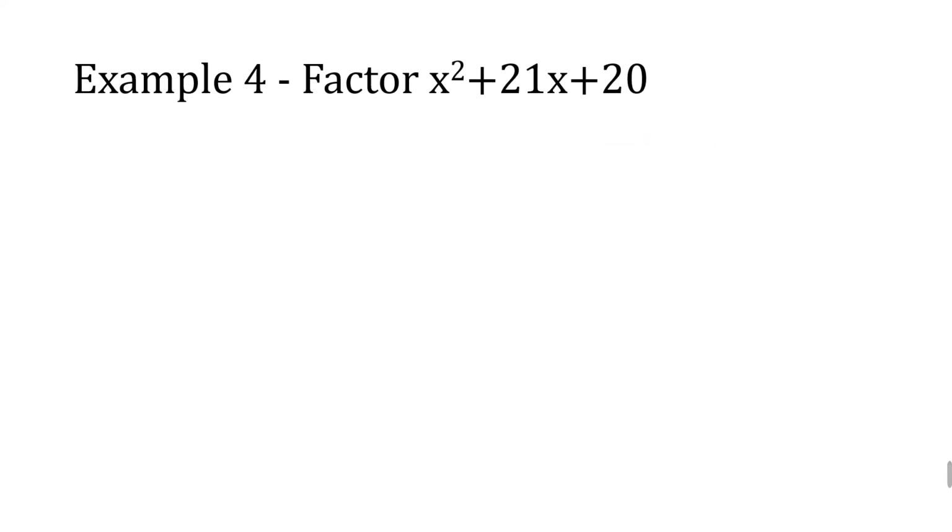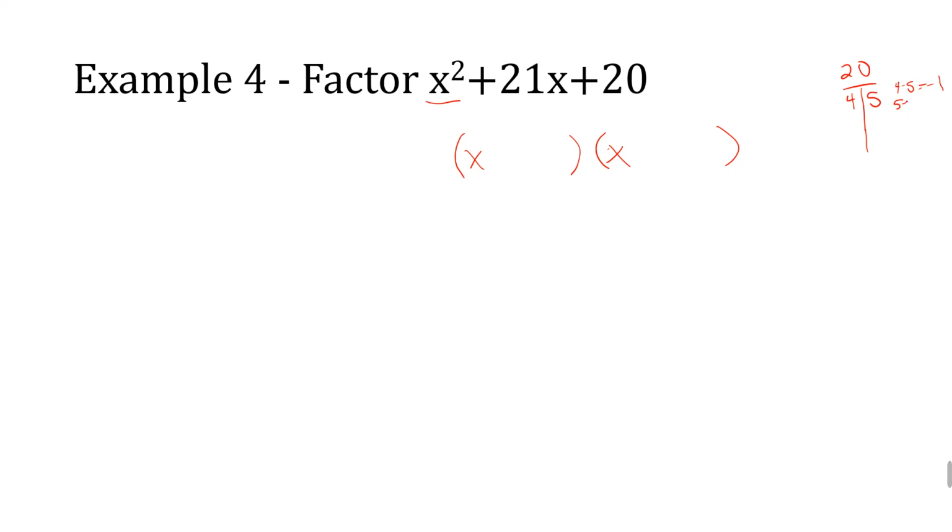Moving on. Okay, x squared plus 21x plus 20. Again, we're dealing with a 20. We know we're going to have x's first. x times x is x squared. Now 20. We tried 4 and 5, and that gave us a 9. If we took 4 minus 5, we would get negative 1.